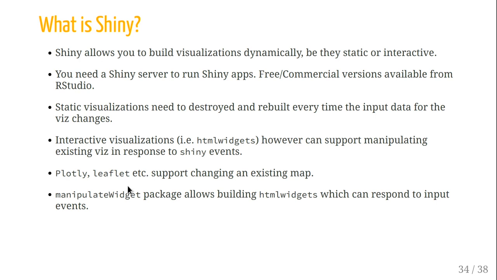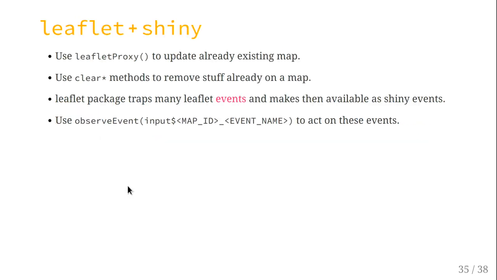You just say manipulate my leaflet widget, I want controls to be built for this parameter, and it figures it out and gives you select boxes or input boxes and everything. It does all that for you, and then you just interact with it like a normal Shiny application. So I find manipulateWidget more than adequate whenever I really want to use Shiny. I'm not a big Shiny user, but manipulateWidget is something you can easily look into.